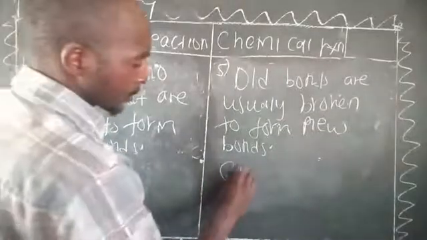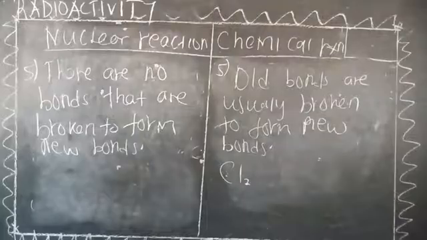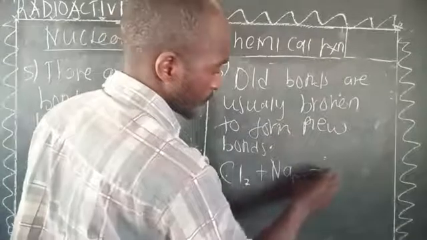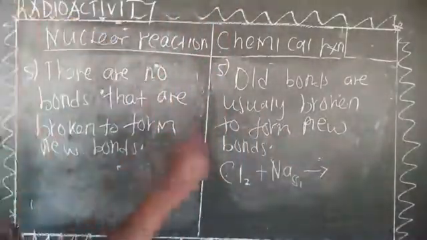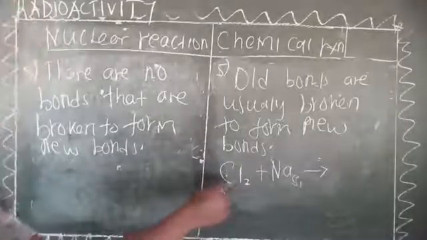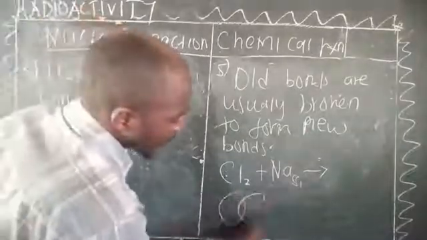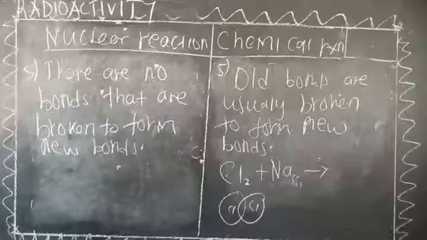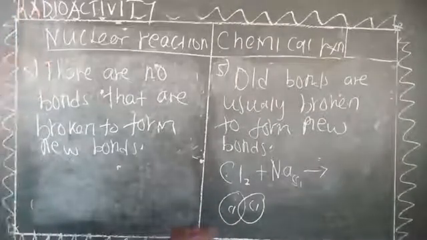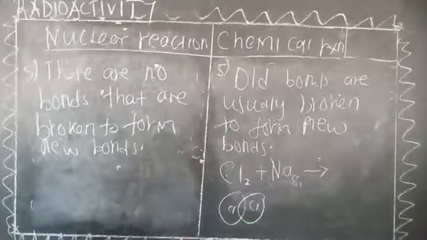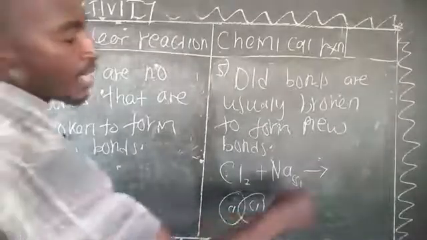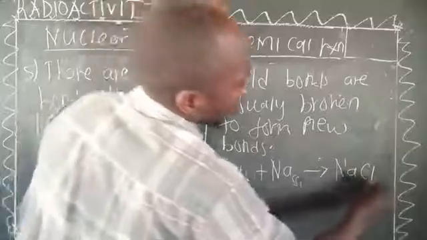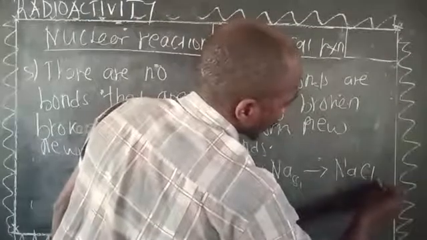for chlorine, which is a diatomic molecule, to react with sodium, which is a solid, the covalent bond in chlorine atoms or molecule must be broken to give us separate atoms, and these separate atoms are the ones that now react with the sodium to form the sodium chloride.